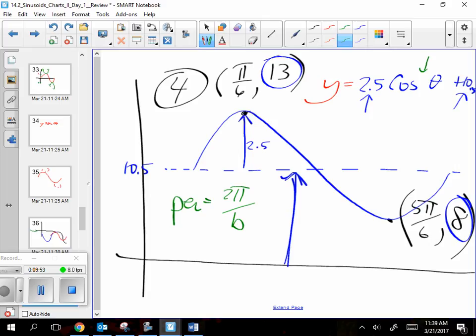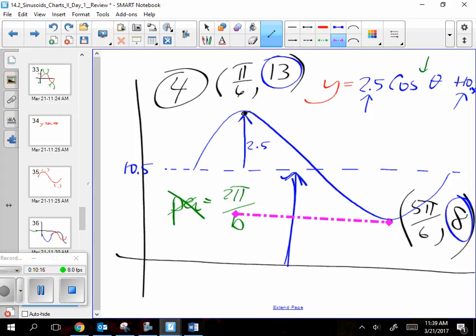No. Can I figure out this thing's period? Yes, I can. So I'm going to put it right here. But its period comes from how long does it take for this thing to finish a complete cycle?